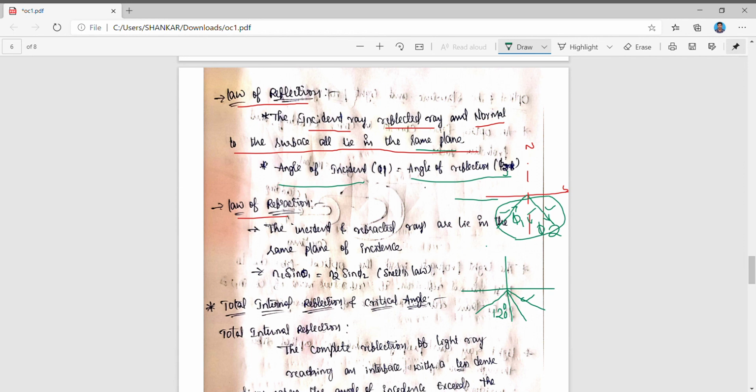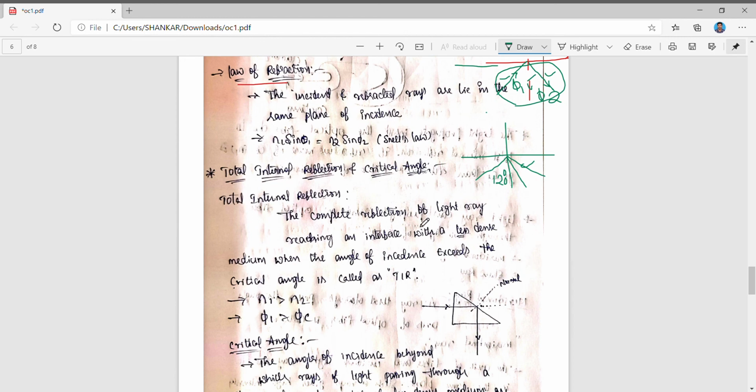Same plane of incidence means, suppose this is the normal plane drawn as dotted lines, and we are incident a signal here, this is the incident signal phi 1. The incident and refracted rays lie in the same plane of incidence. Here all lie in the same plane.